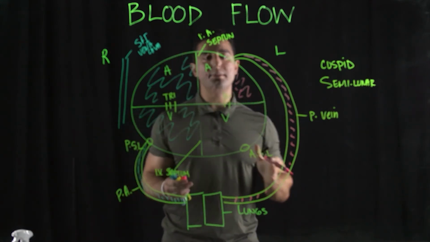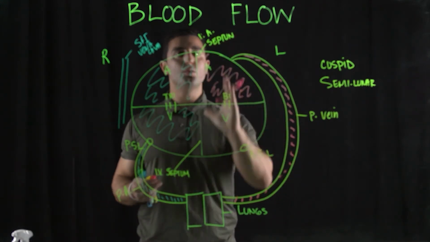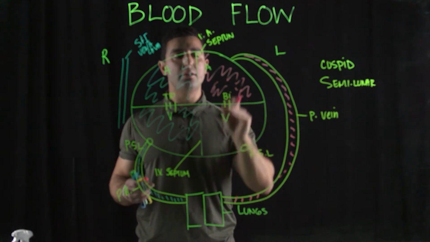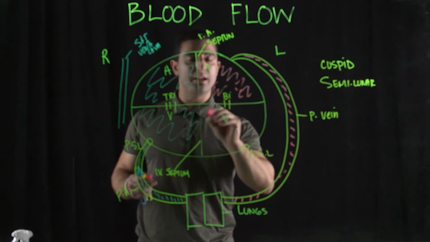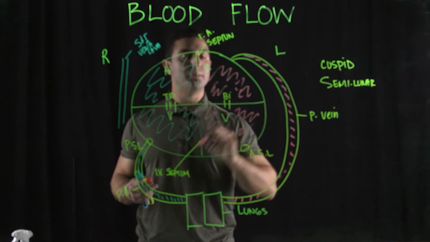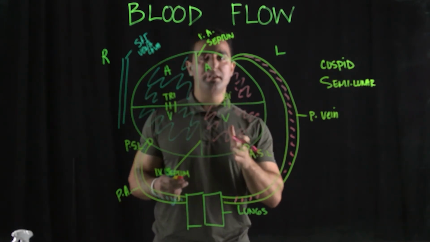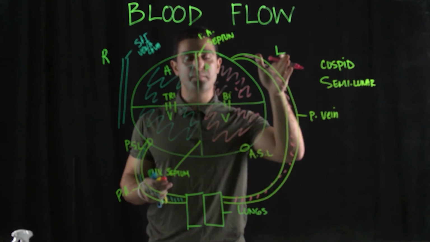The same thing happens again. The left atrium is filling, creating pressure on the bicuspid valve. The bicuspid valve opens and allows oxygenated blood to come into the ventricle, specifically the left ventricle.